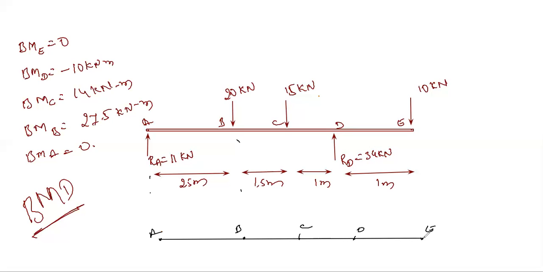At point E we have 0. At a point D we have minus 10, so 1 centimeter over here. At a point C we have 14, meaning 1.4 centimeter. At a point B it is positive 27, you can draw like this. At a point A it is 0.